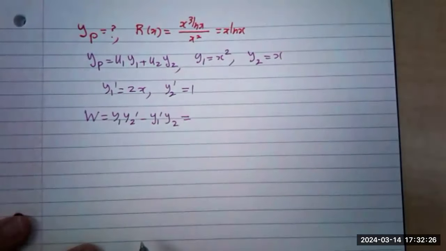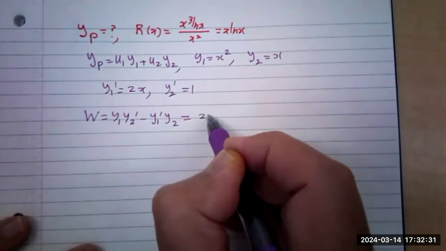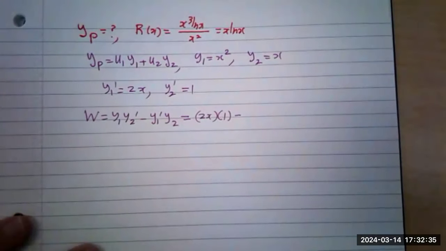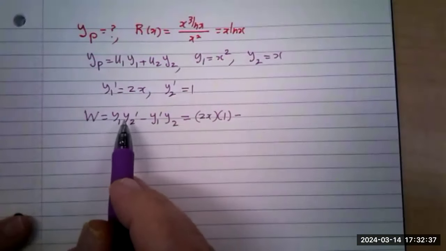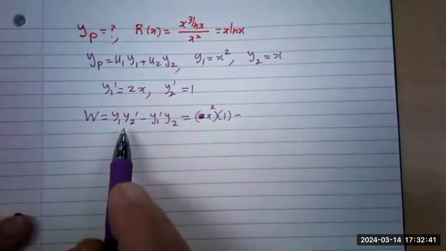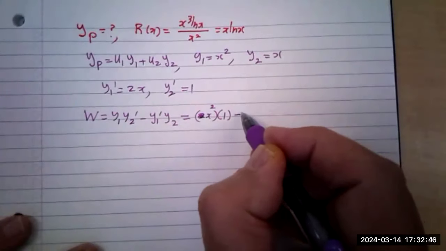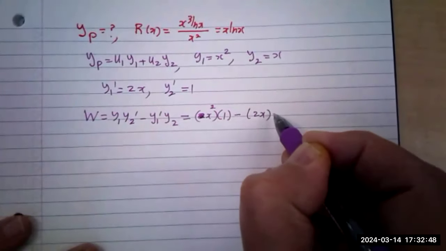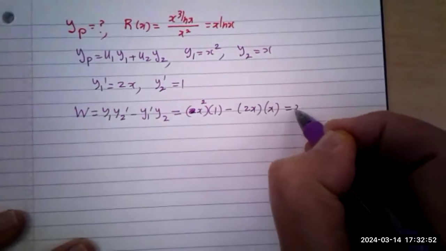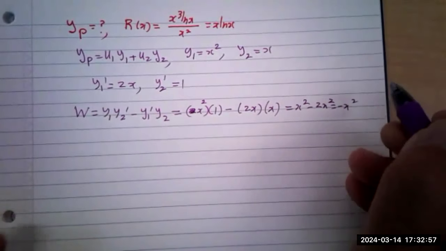Substitute: y1 is x squared, y2 prime is 1, minus y1 prime, which is 2x, times y2, which is x. So that gives you x squared minus 2x squared, which is negative x squared.